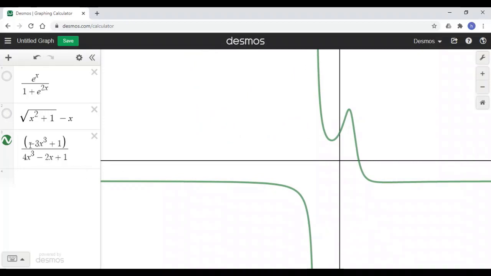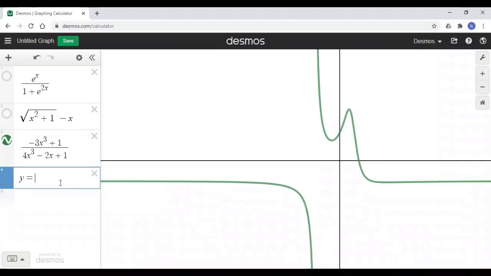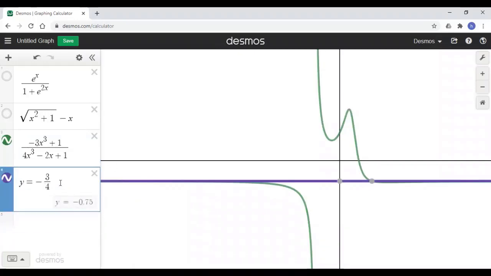Recall that for this function, when we were doing it, the limit here was negative 3/4. So that line in purple here, negative 3/4, maybe I should have put that in a black line.